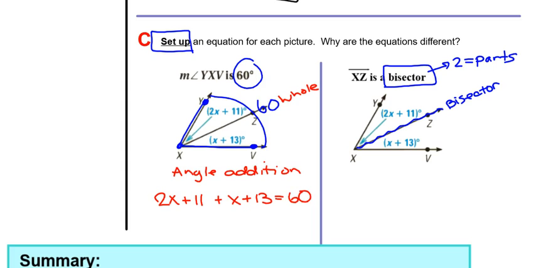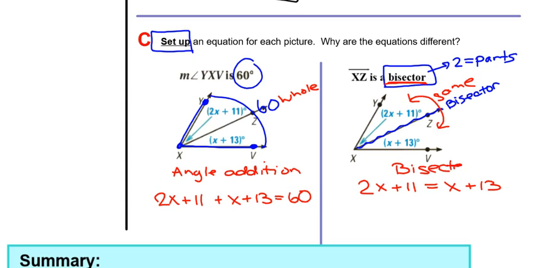But on the second one, because of the bisector, I know that this guy and this guy are the same. We're going to set up an equation that is 2x plus 11 equals x plus 13 because of the bisector.